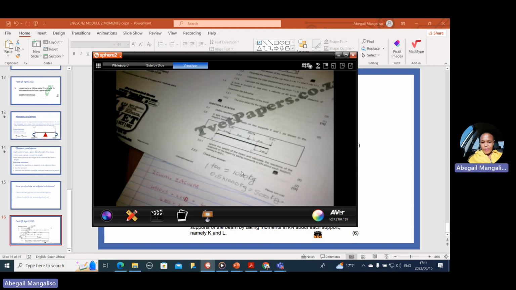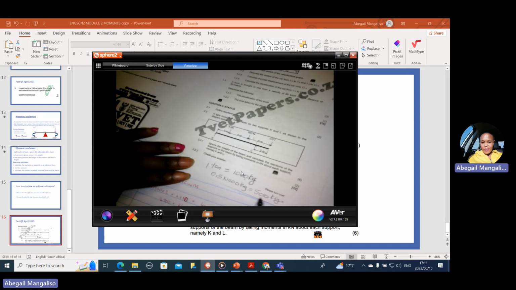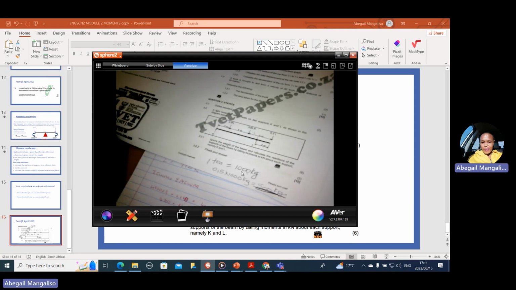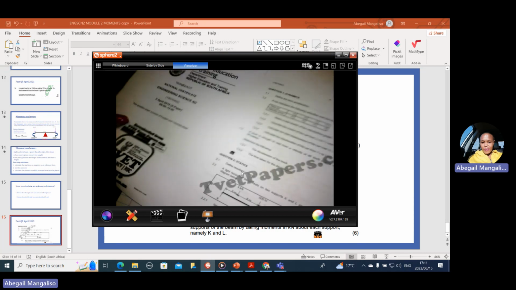So this 500 is only in kilograms, but moment is a force and a distance. It needs to be converted to newtons, to a weight. When converting it to weight, you multiply it by 9.8 because W is equal to mg.